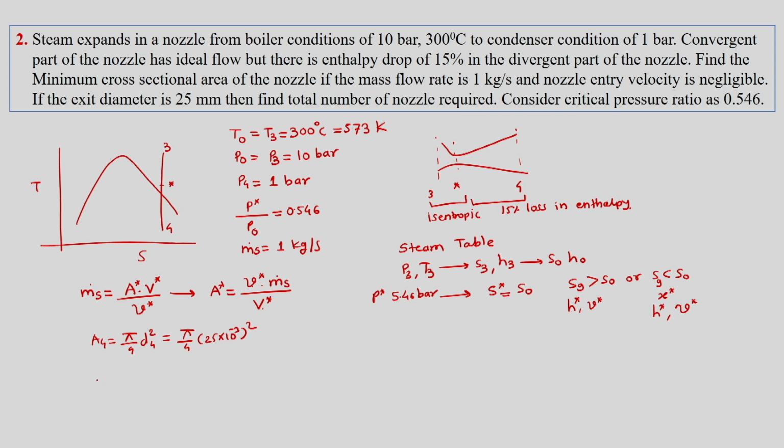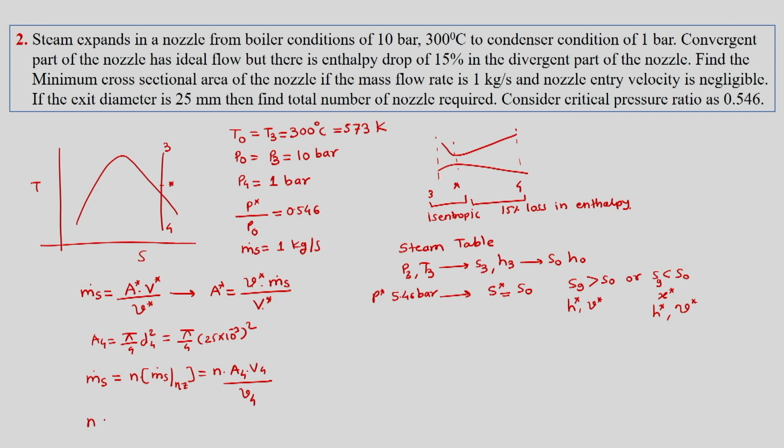Once A4 is found out, m dot S is equal to the number of nozzles N into m dot from one nozzle. So this is equal to N into area at 4 into velocity at 4 divided by specific volume at 4.